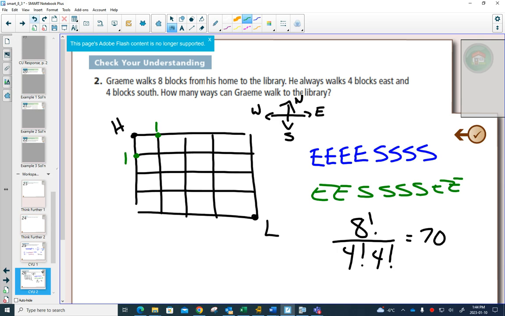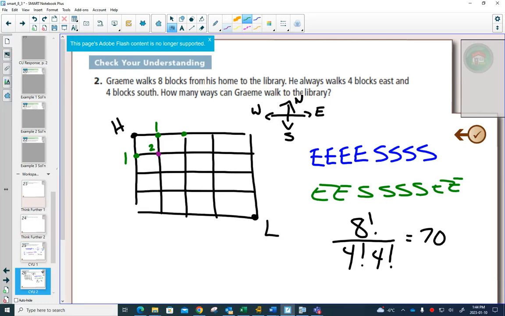But as soon as I look at this purple dot, how many ways could he get to that dot? 2 ways. He could either go over and down or down and over. How many pathways are to this one? Not 2, still just one, because the only way he could get to that one is straight.